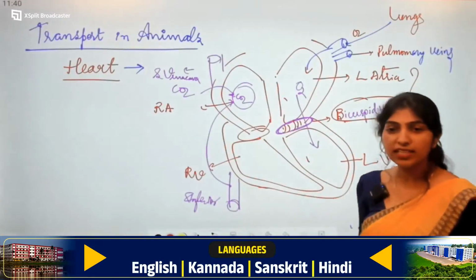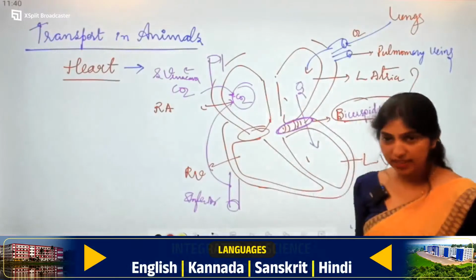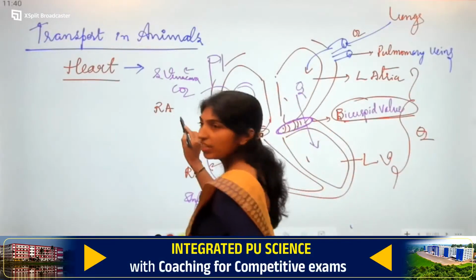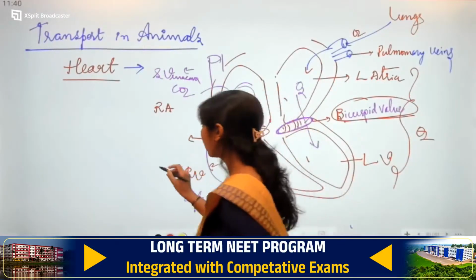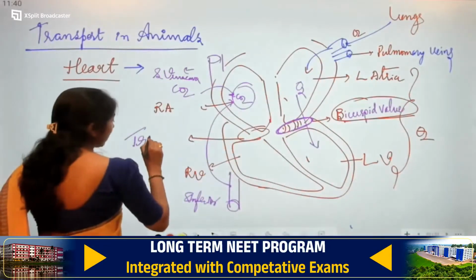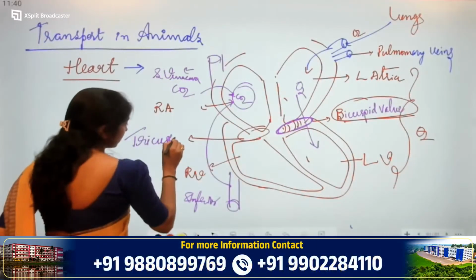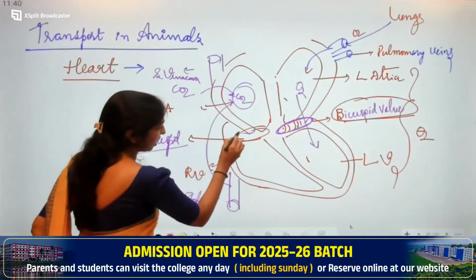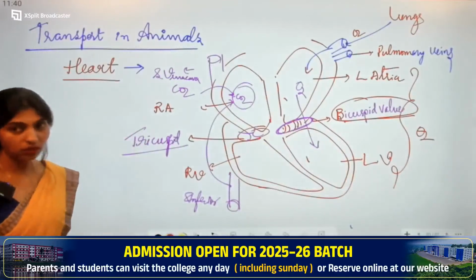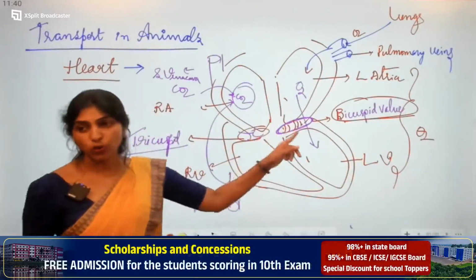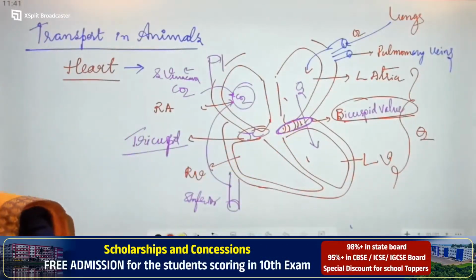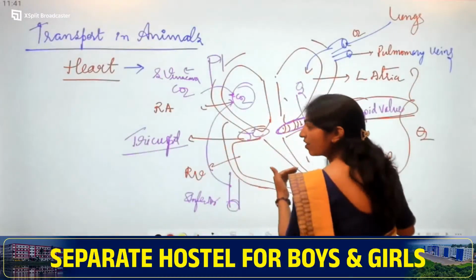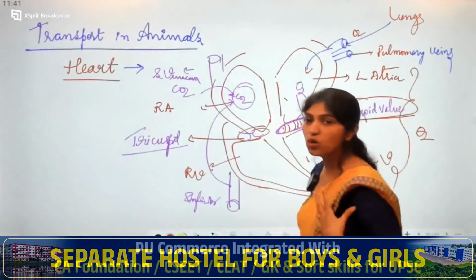The one between the right atria and right ventricle is called the tricuspid valve. How many muscular flaps does the tricuspid valve have? 3. And the bicuspid valve has 2. The function of both valves is to prevent the backflow of blood from the ventricles to the atria.